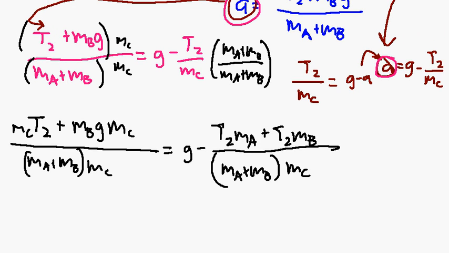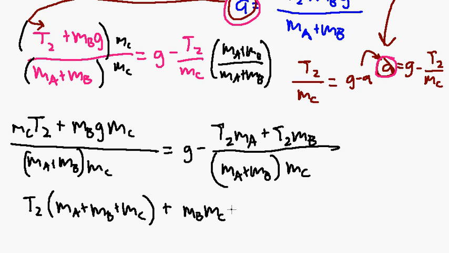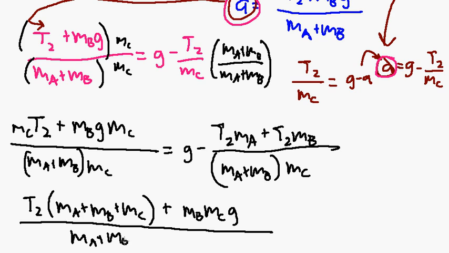And then actually what we'll get is T2 times MA plus MB plus MC, plus MB MCG over all this MA plus MB times MC equals G. Nasty, nasty, nasty.